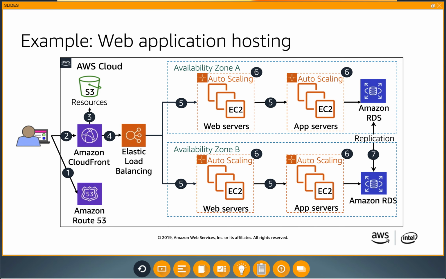Number 7. An Amazon RDS database is used in a multi-AZ deployment to give the database layer redundancy. Data is automatically replicated between a master and standby database instance managed by AWS. The entire architecture has been designed with high availability, redundancy, and security in mind.